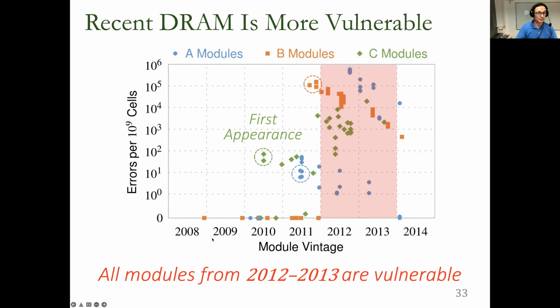Older chips were not vulnerable because we could not induce enough activations within a refresh interval to cause these bit flips. If you cannot induce enough activations within a refresh interval, a refresh comes and refreshes the cell. Even though you may have leaked charge, you didn't leak enough, and the cells get refreshed. As a result, you don't cause this disturbance error.